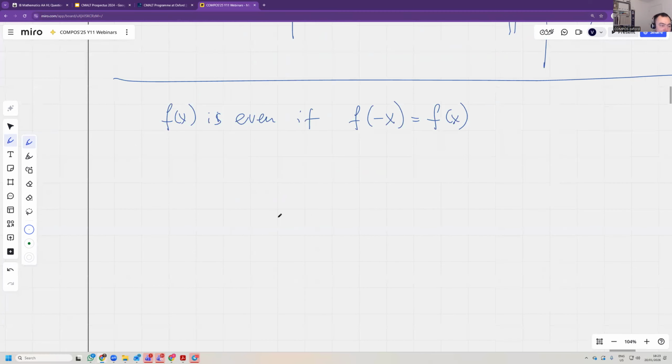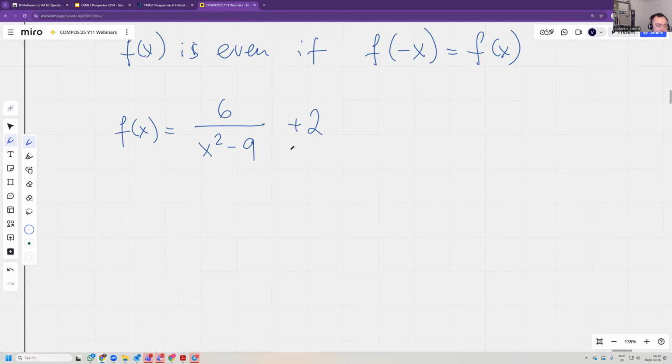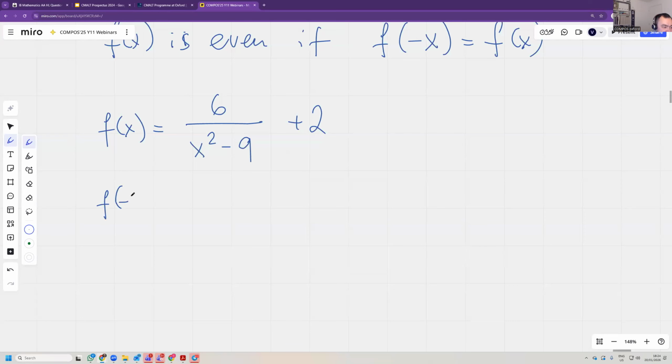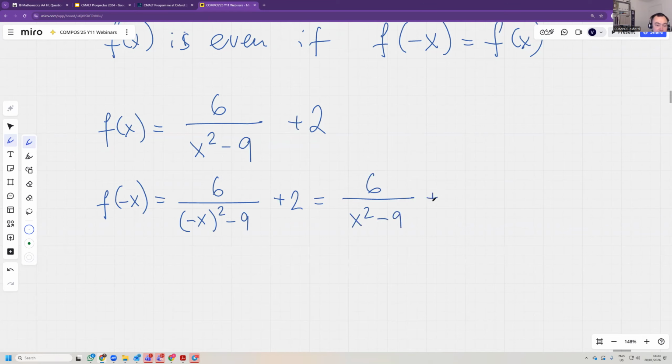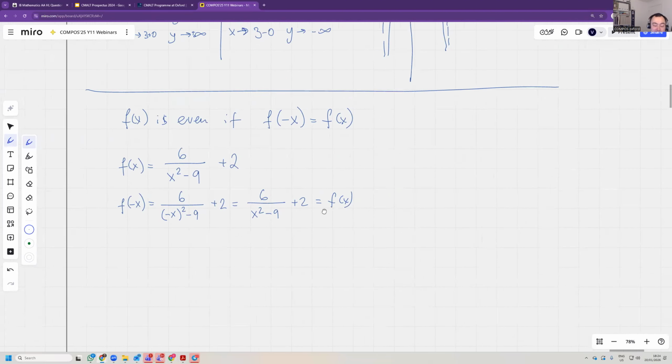In this case, f of x is 6 divided by x squared minus 9 plus 2. I hope I haven't made a mistake. Yes, plus 2. So let's try f of negative x. F of negative x is 6 divided by negative x squared minus 9 plus 2, which is the same as f of x. So it is even.